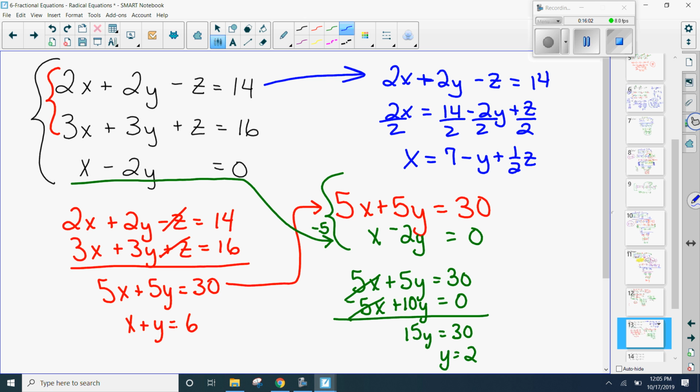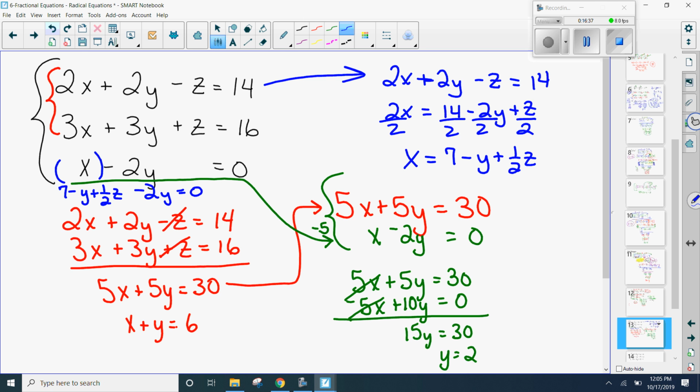But the thing is when you substitute that in, you're going to have equations with y and z. So it's not like it's just going to solve a value for you. Because even when you substitute that in right here, you're putting in 7 minus y plus 1/2 z, and then you get minus 2y equals 0.